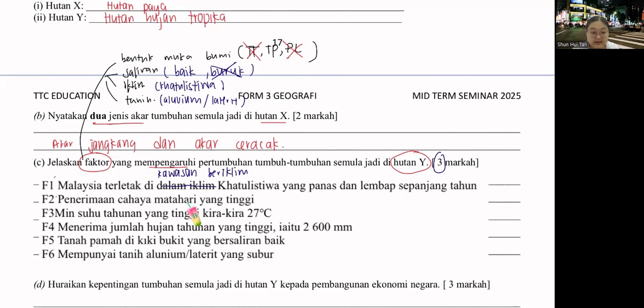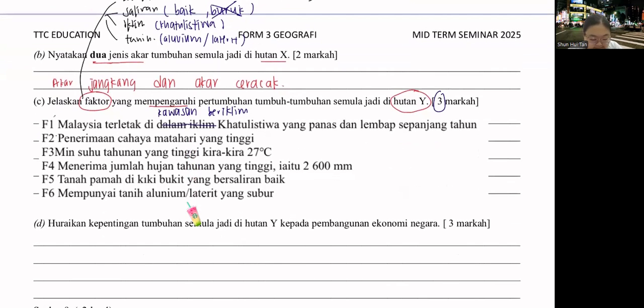Basically, this is the huraian, right? And then, yeah, we have a lot of rain, we have tanah pamah. This is how they have the answer. Now, other than this, normally they will follow by what? Sorry, kepentingan. Let me know if you're done, then I move on to kepentingan.